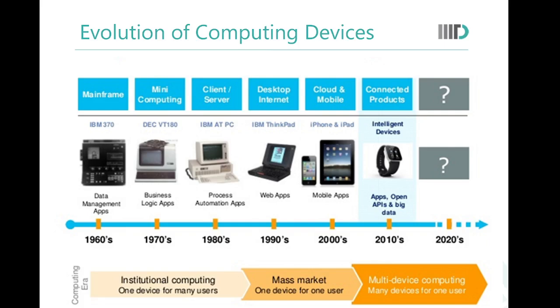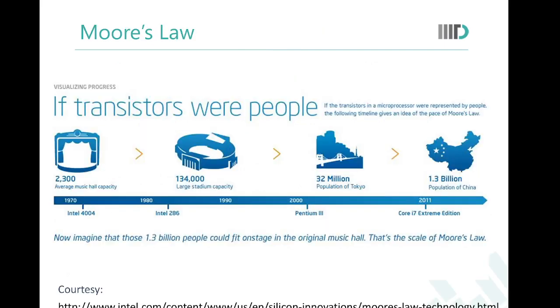Of course, architecture played a very important role, these abstraction layers played a very important role, and it was possible because if we look at the growth of the number of transistors in our chips, that was phenomenal, and that was predicted by somebody called Gordon Moore.